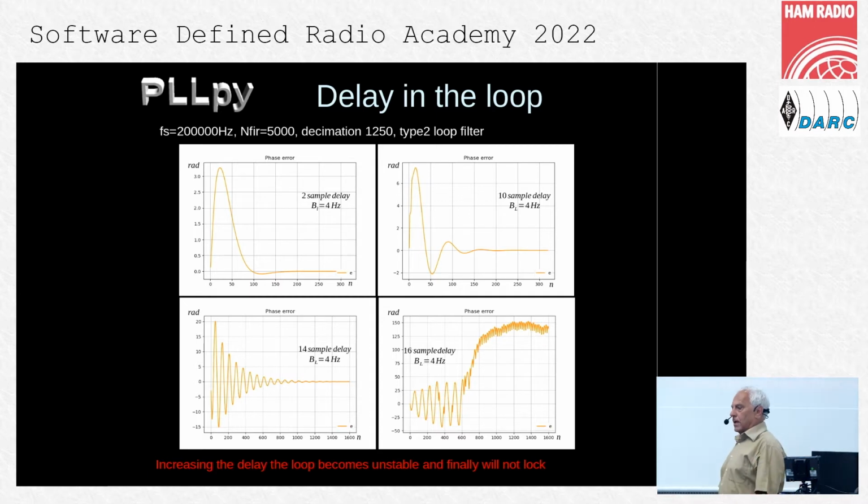There is another important thing related to the noise bandwidth: the delay in the loop. In the analog PLL, you rarely have to deal with these delays. In software PLLs, you could have a lot of problems with that. The delays could come from two sources.